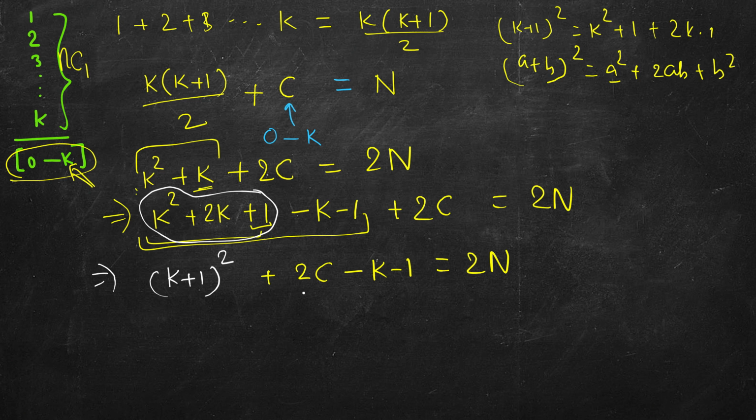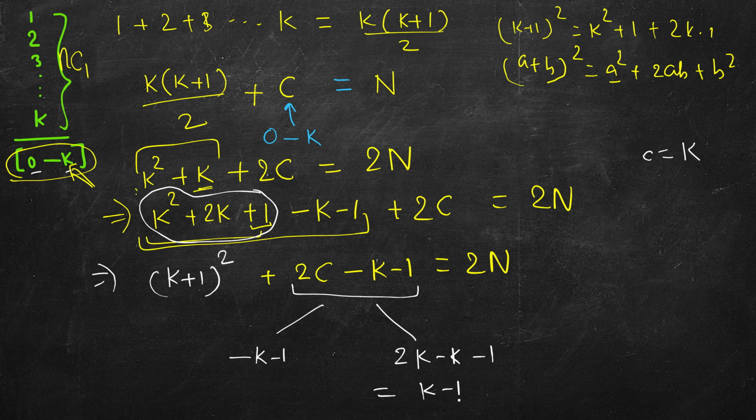Now let's put the extreme values of c. C can be from 0 to k. So if we put 0 here, this term is 0 and this term becomes minus k minus 1. And if we put c equal to k, then this will become 2k minus k minus 1, that is k minus 1.